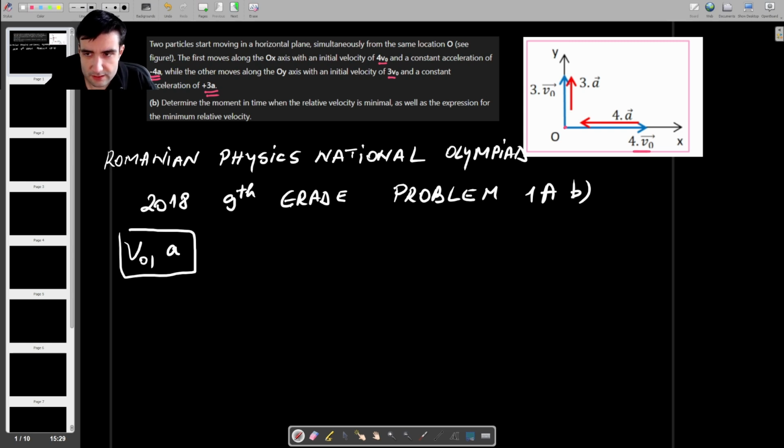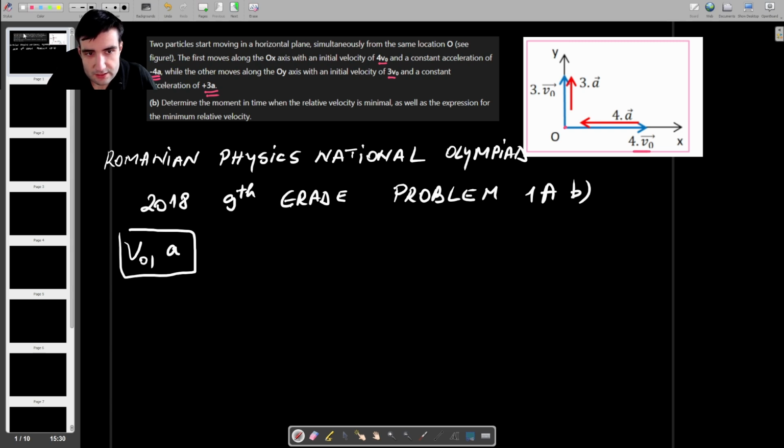So for part B, which is the only part that we're going to look at, it says determine the moment in time when the relative velocity is minimal, as well as the expression for the minimum relative velocity. Obviously, for this we can just solve it using the basic equations of motion for the two accelerating particles.